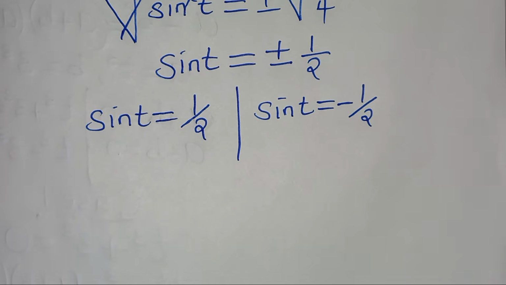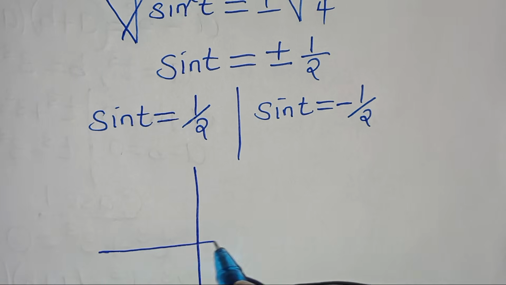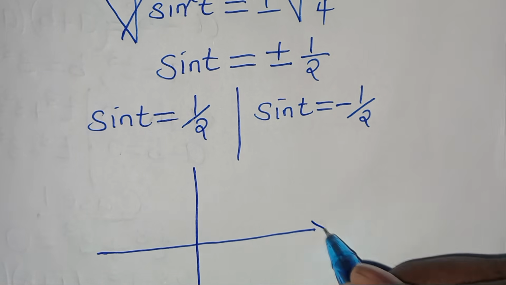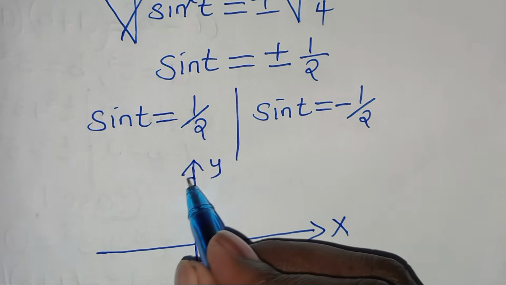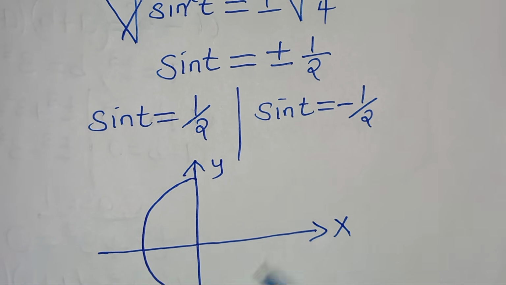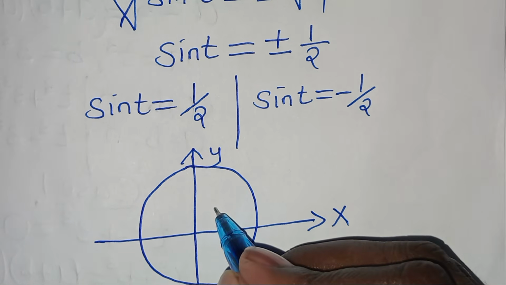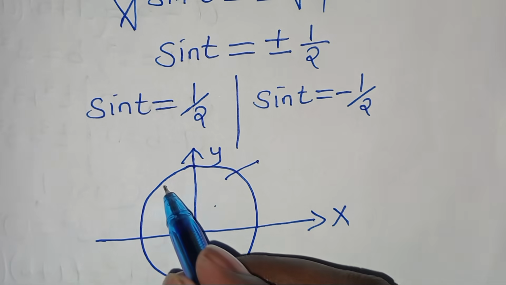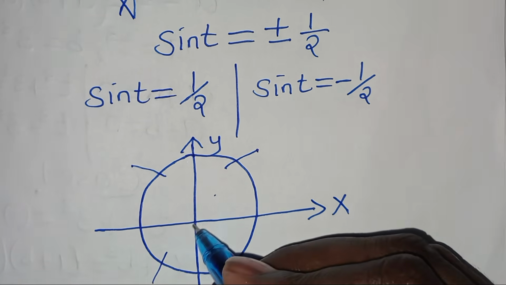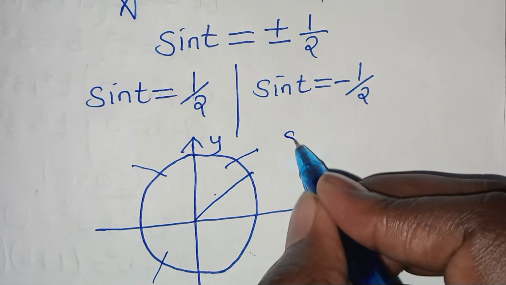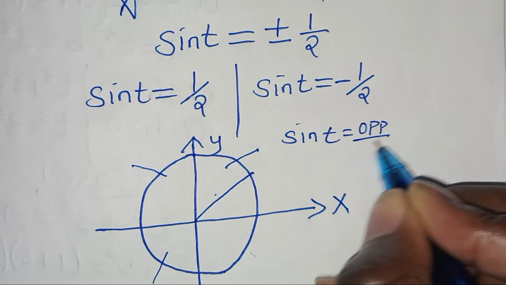Now let's have a graphical representation of this. We have a unit circle here. This is the x-axis, this is the y-axis. This is the first quadrant, this is the second quadrant, this is the third quadrant, and this is the fourth quadrant. Sine t is equal to opposite over hypotenuse.